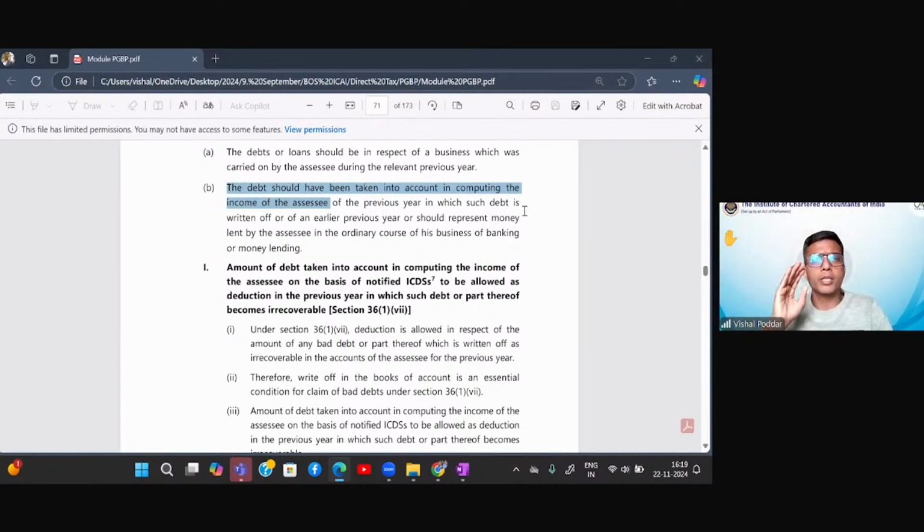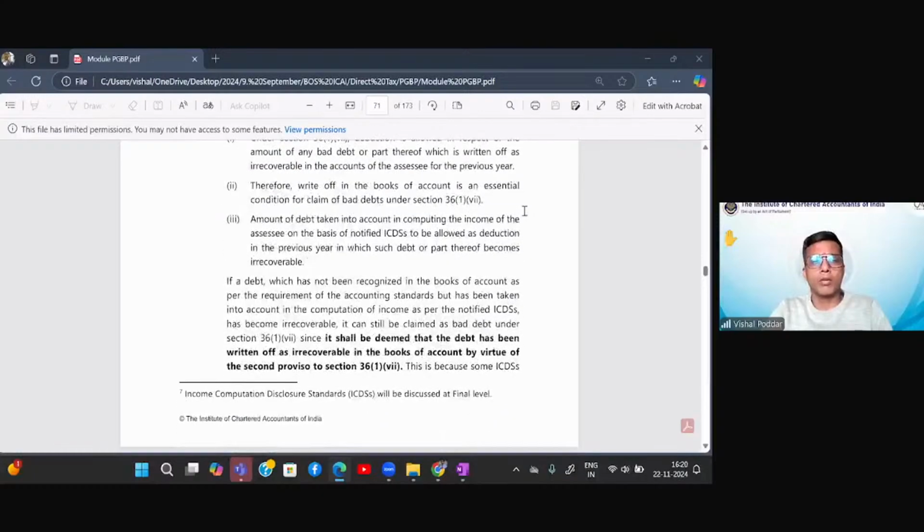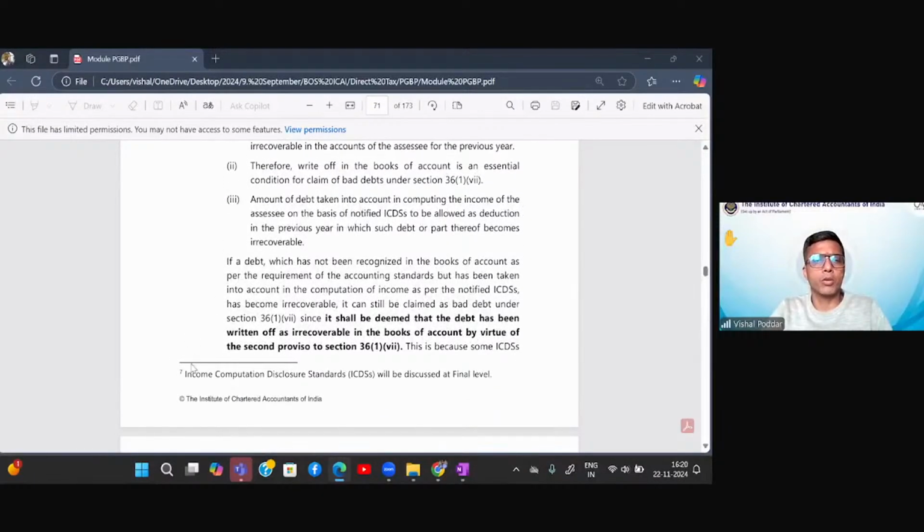But don't go to ICDS. It is not relevant for your exams because, see, you can see the note given over here. ICDS will be discussed at final level. So basically, ICDS are not applicable to you at inter level. So here you simply remember, apply the four rules. Is it related to business, current year, revenue, not an offense? If all conditions satisfied, get deduction. Is it fine, Sania?